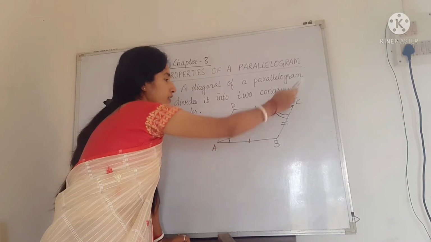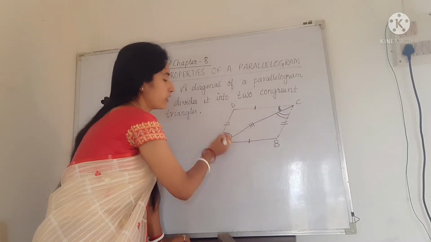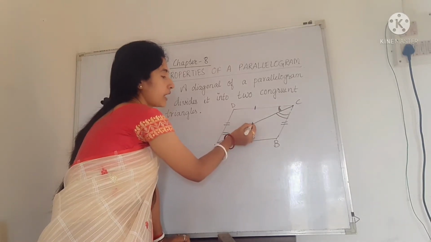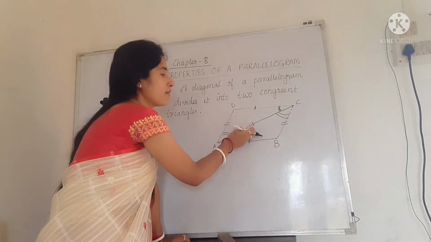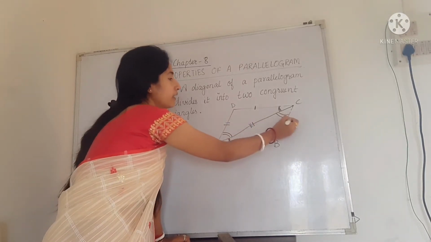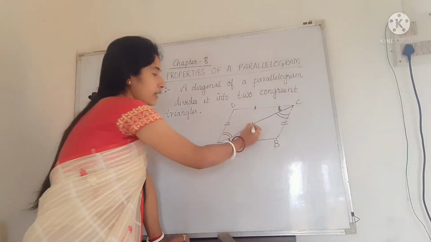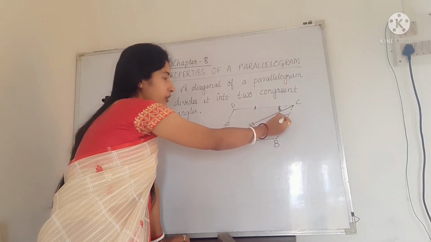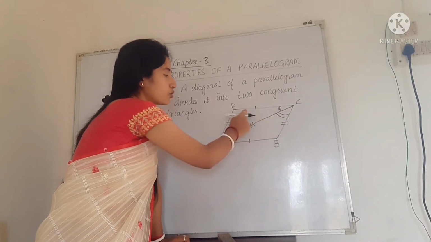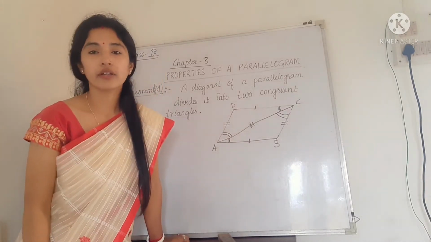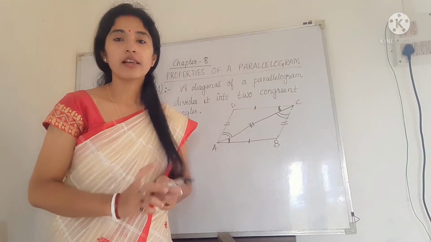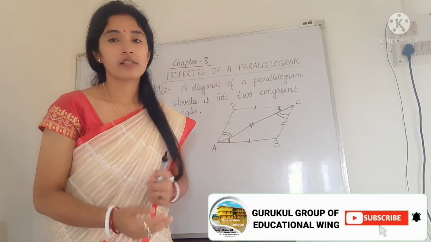The third one, this side, is a common side between the two triangles. Therefore, by angle, side, angle, because the side is included between the two angles, the two triangles will be congruent. So by using these two criteria, you can easily prove that the two triangles are congruent.